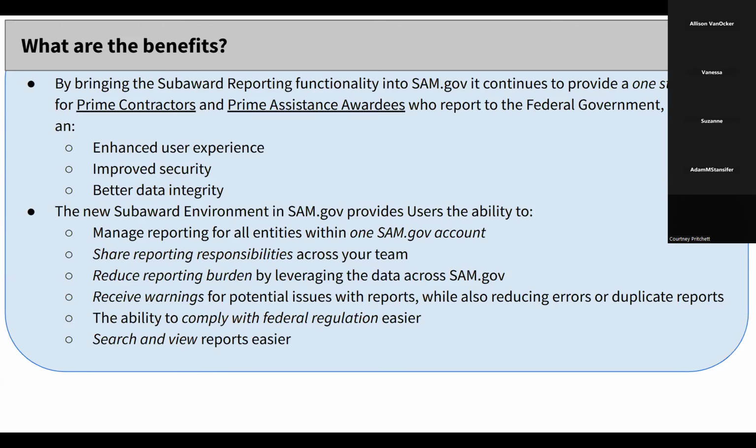It allows sharing reporting responsibilities across your team. So in FSRS, I'm sure a lot of you are painfully familiar with the concept of the user work list, in which you would go and basically claim the prime award for you and you yourself only to work on, or to report subawards against. That is no longer a concept in SAM.gov. As long as you are assigning users roles to be able to enter the data for subaward reports with that entity, anybody with that role at that entity can report.